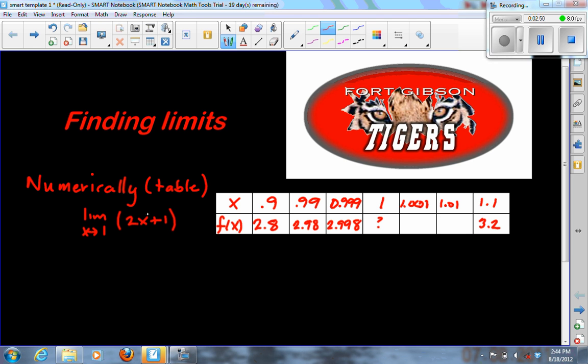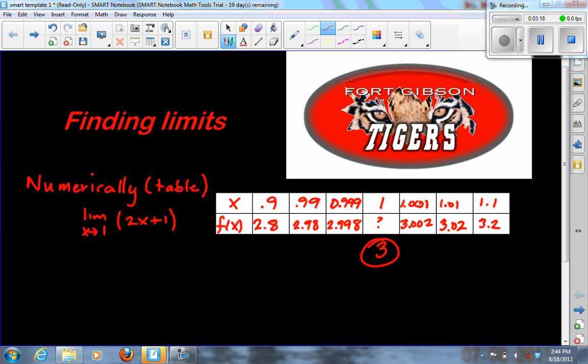And put in a 1.01 right here. 2 times 1.01 plus 1 is 3.02. Plug this one in over here. 2 times 1.001 plus 1 is 3.002. So we can see that from the left we're approaching 3, and from the right these numbers are getting closer to 3. So this limit must be 3.